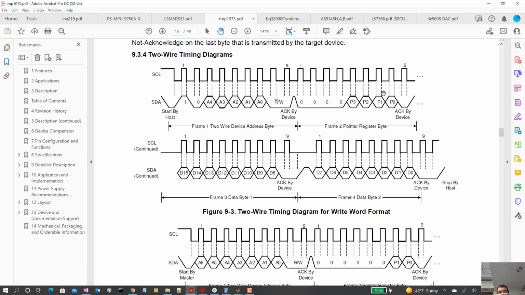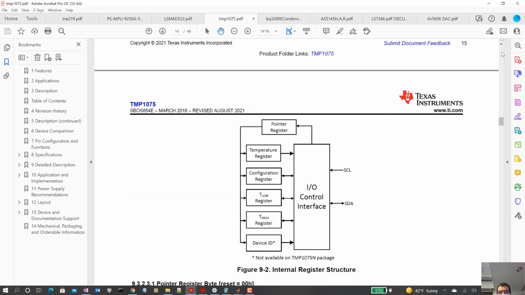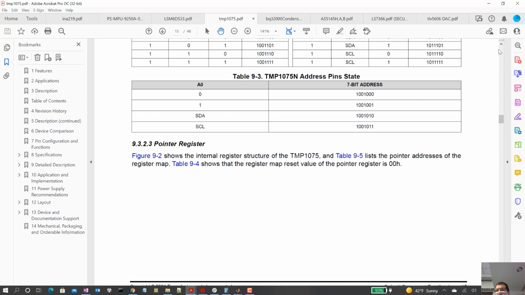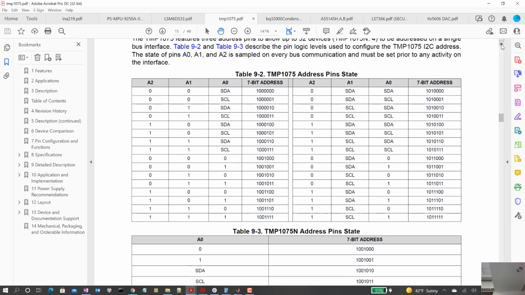I guess I could have gone and bought this temperature sensor. This would have been kind of a fun little sensor to play with, maybe. Maybe I'll do that in the future. Okay, but notice here their addresses. That's kind of interesting. They do a good job here because, again, one of the problems with I2C devices is if 2 devices pick the same address, you're in trouble, right?